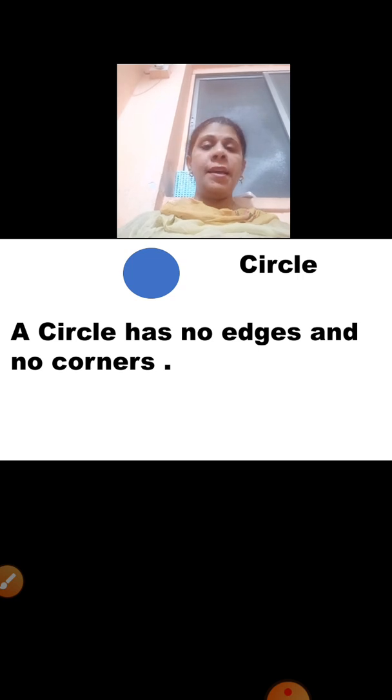Now answer me. A dash has no edges and no corners. Circle, correct. A circle has dash edges and dash corners. No edges and no corners. Good. A circle has no edges and no corners.